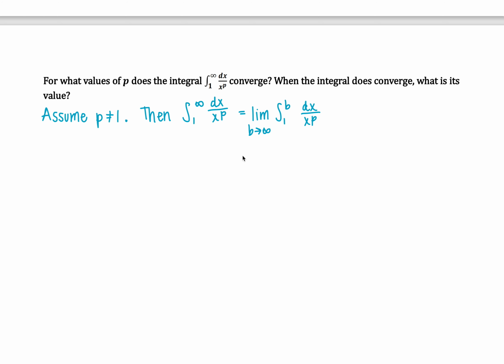So we can integrate, and I'm going to do that real quick. Let me keep my limit out here. When we integrate, we get x to the negative p plus 1. So remember, this is x to the negative p power. So when we integrate, it's x to the negative p plus 1 over negative p plus 1. And we will evaluate that from 1 to b.